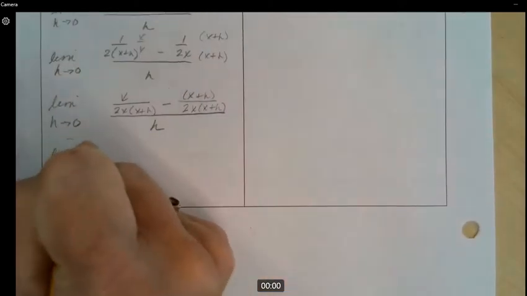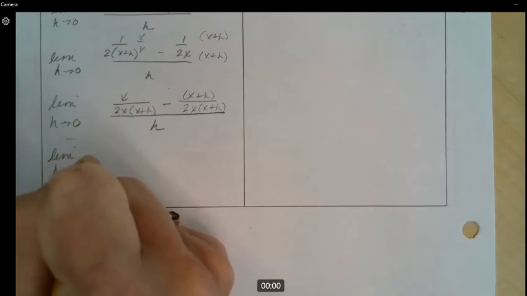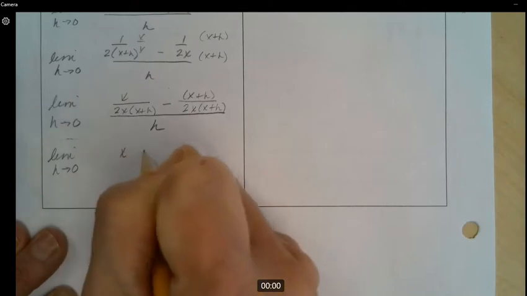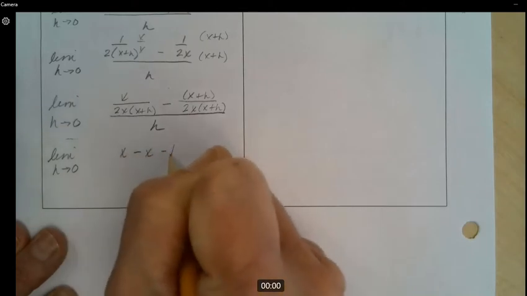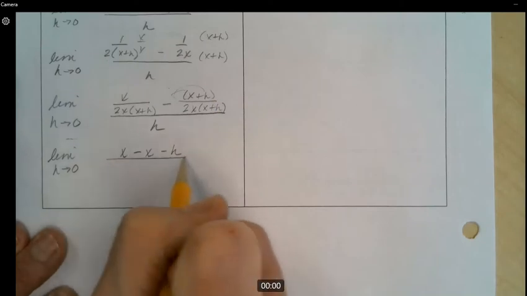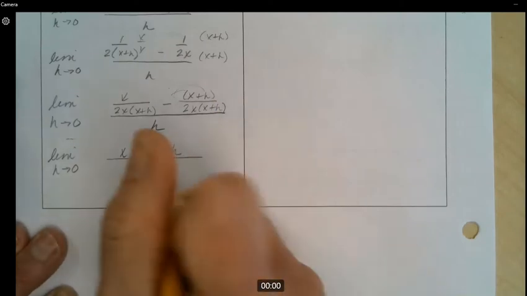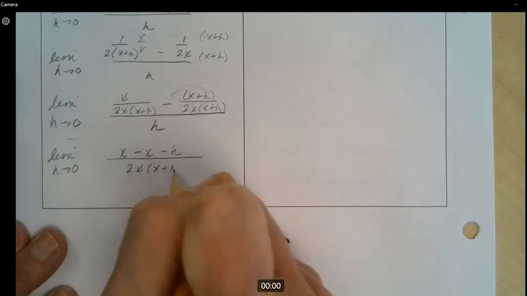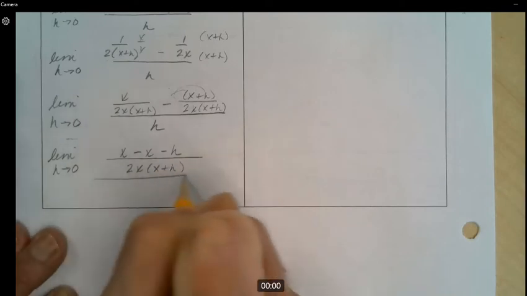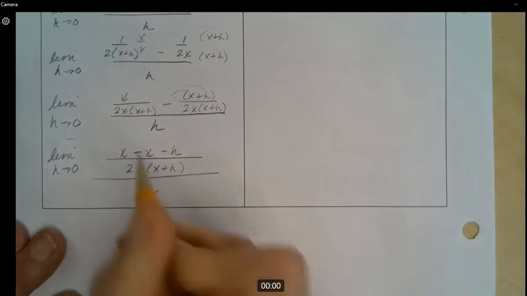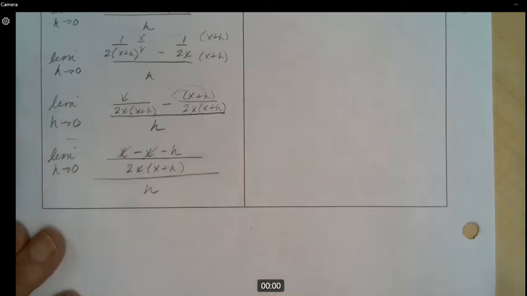So then my limit as h approaches 0, and you kind of don't need to write that every time, but you can. X minus x minus h, because I distributed that negative, all over 2x times x plus h, all over h. X minus x is a 0 pair.